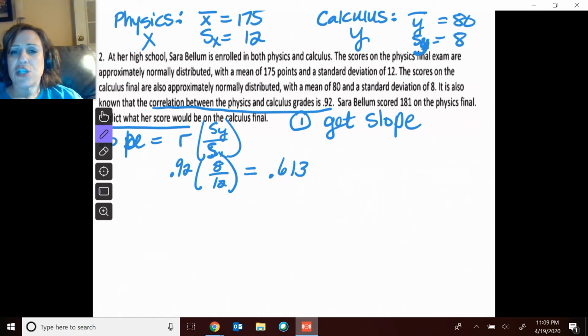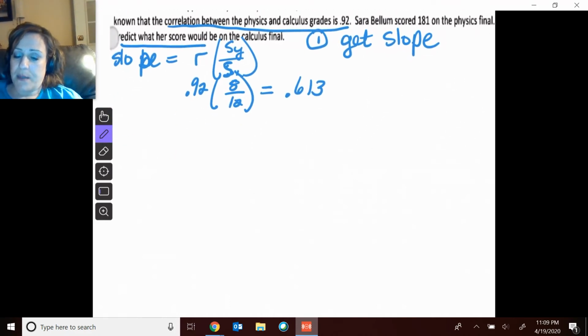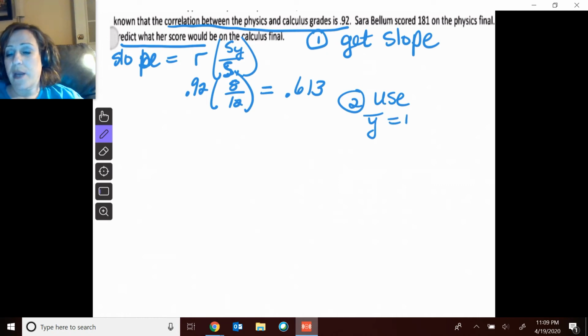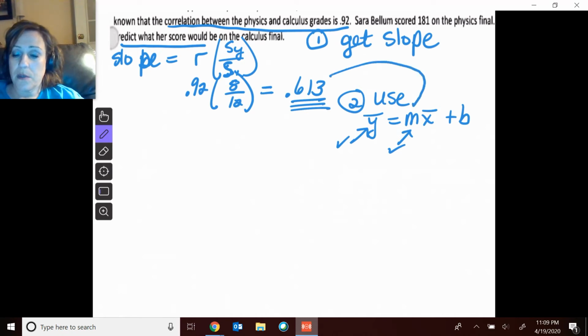Now the second step is to use that equation. I'm going to write it a little differently: y equals mx plus b. I know the mean of y. I know the slope, which I just computed right here, 0.613. And I also know the mean of the x's.